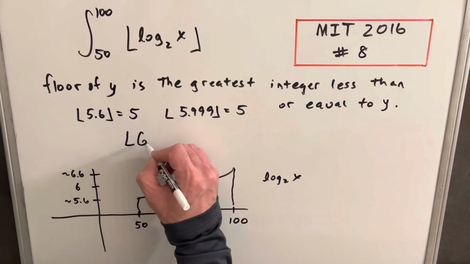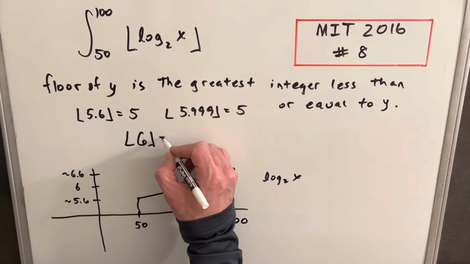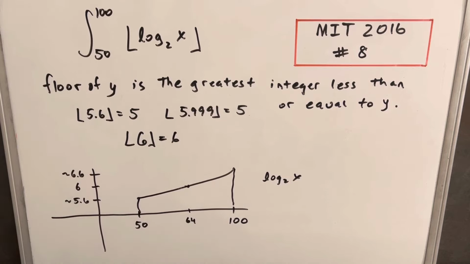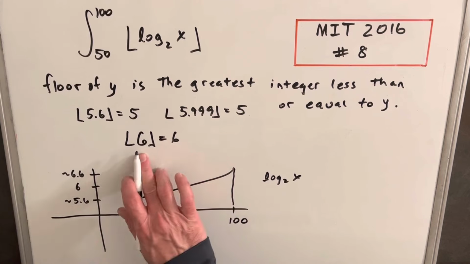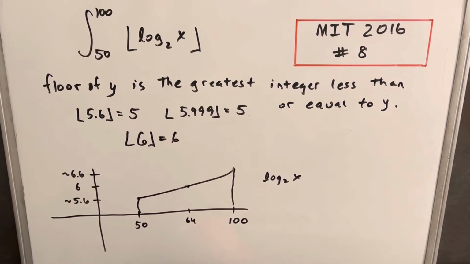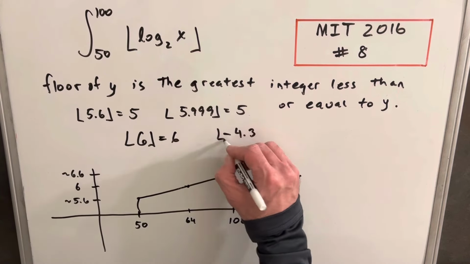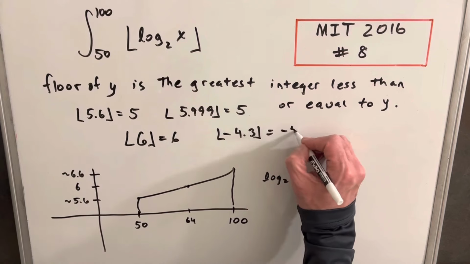The floor of 6 is just 6. If we're already at an integer, we stay at that integer; the function only takes us down to the integer below when we're in between integers. One other example that might throw some people is minus 4.3: the floor of this is actually minus 5.